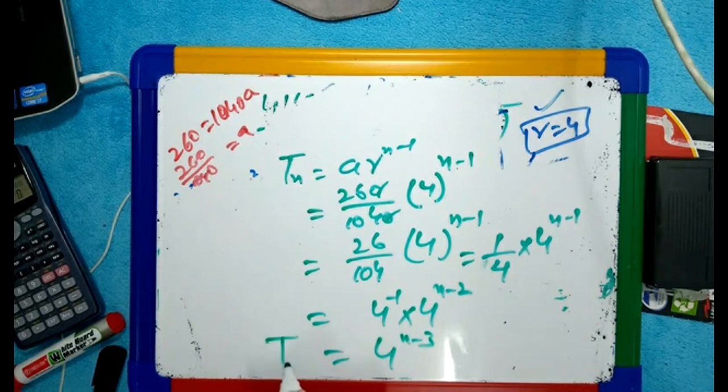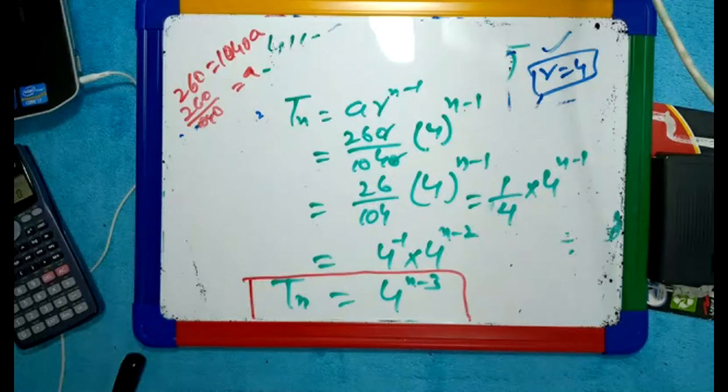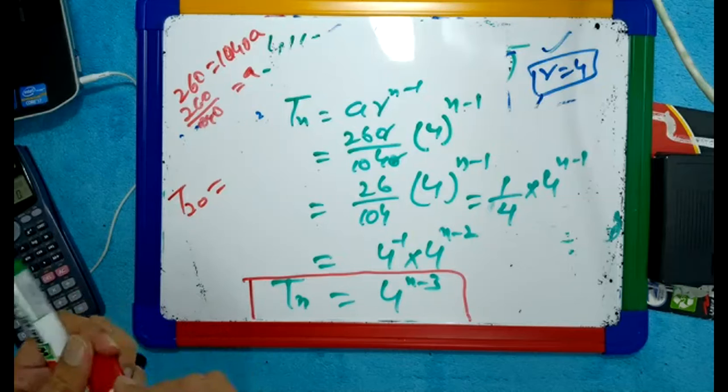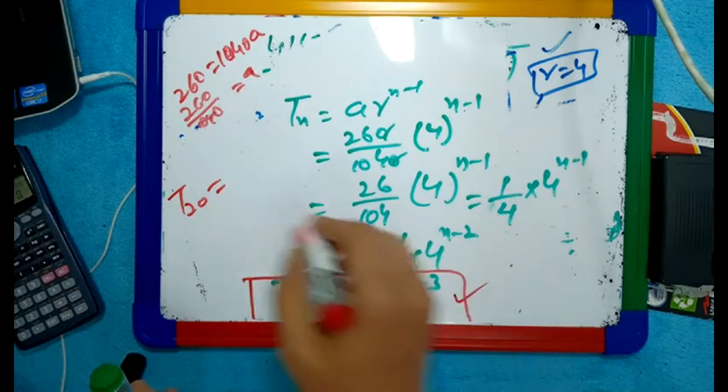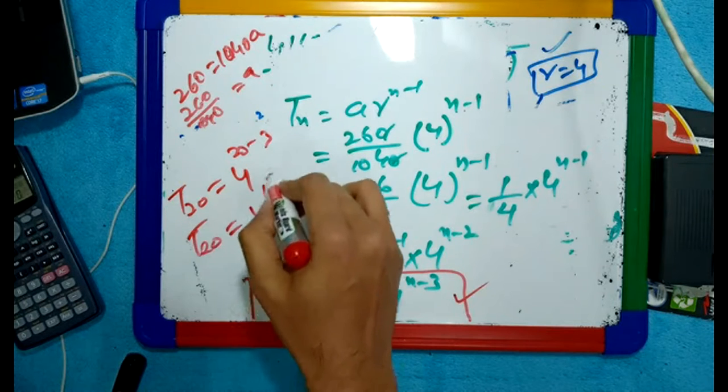This is the general term. Now term number 20 is very easy, T20 is 4 raised to power 20 minus 2, so T20 is equal to 4 raised to power 18.